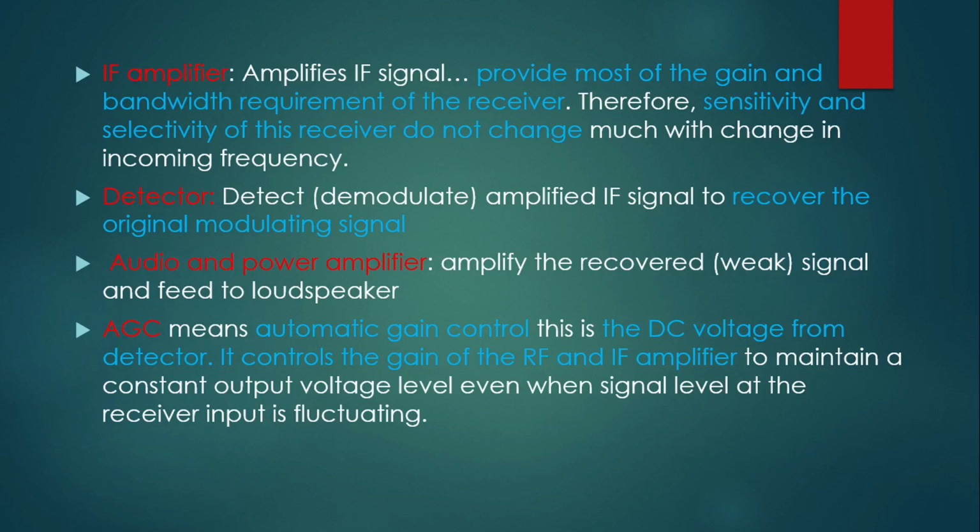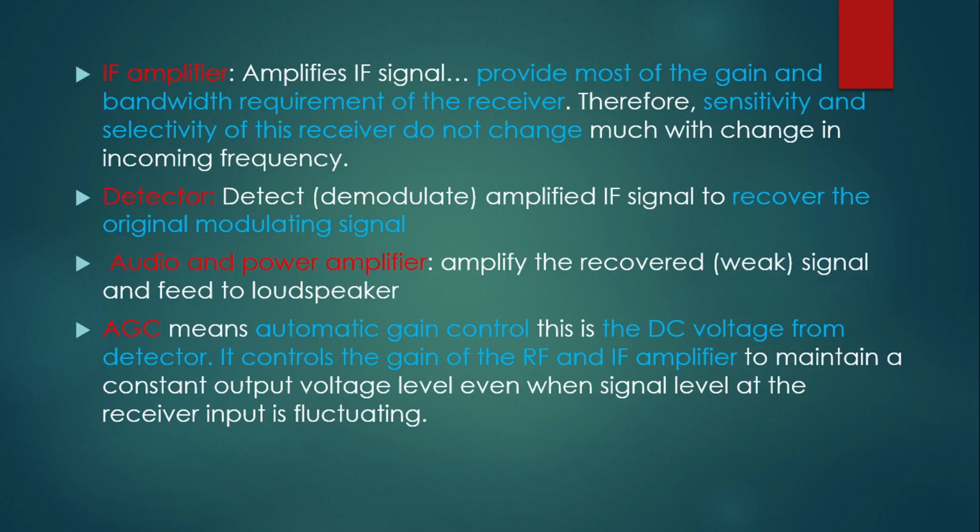This signal is provided to the next stage, that is the audio and power amplifier. It amplifies the audio signal, which is weak, and after power amplifying this audio signal, it is given to the last block, that is the loudspeaker or simply speaker.